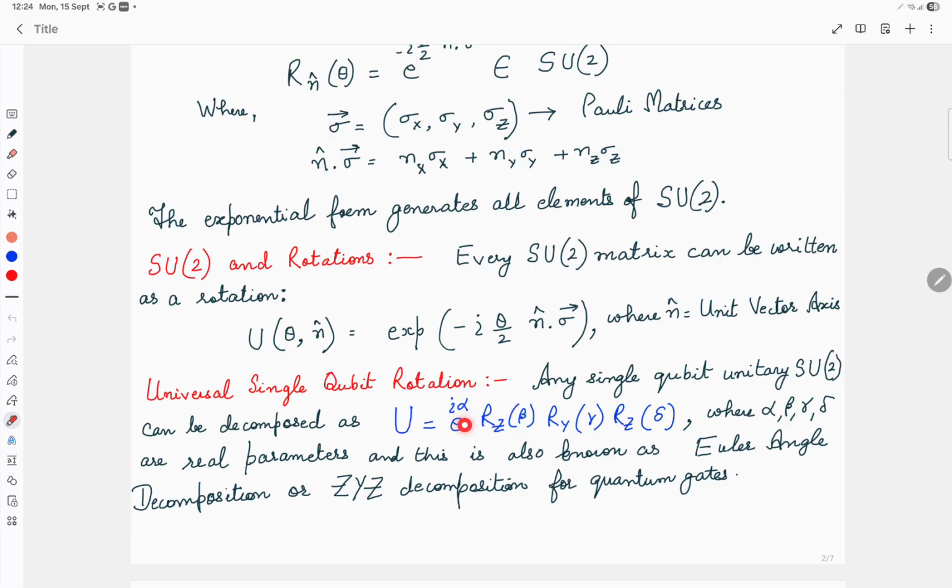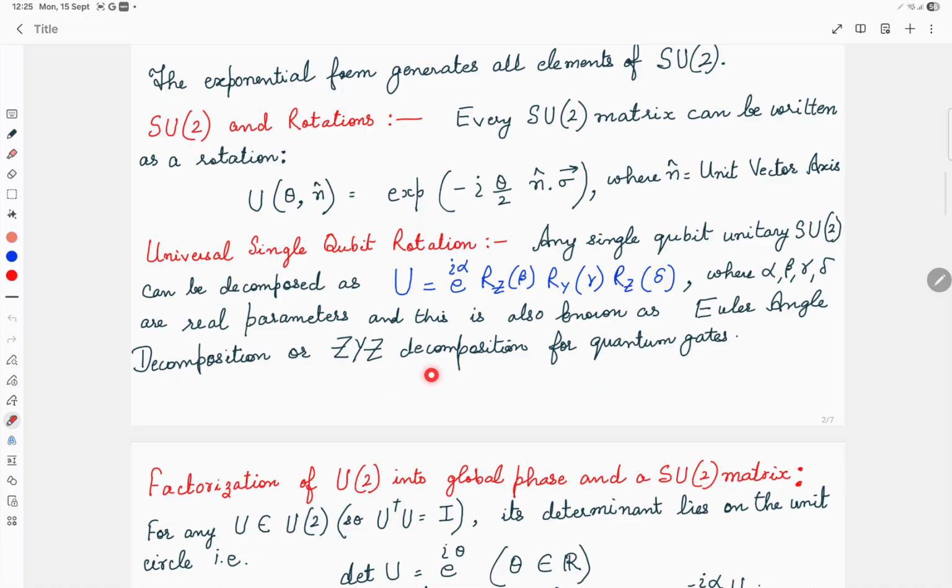This type of decomposition is also known as Euler's angle decomposition or ZYZ decomposition of quantum gates. Why ZYZ? Because we are first applying RZ gate, then RY gate, and then RZ gate again. So that is why this is also known as ZYZ decomposition of quantum gates.